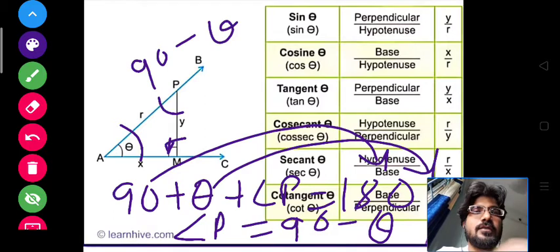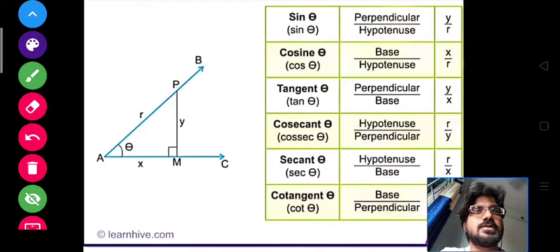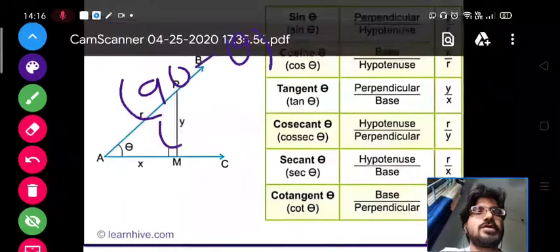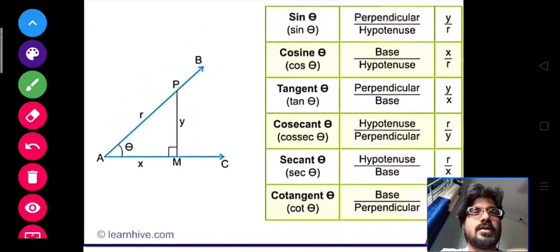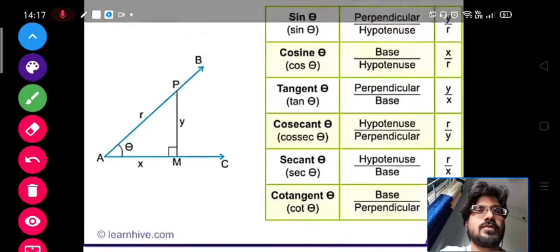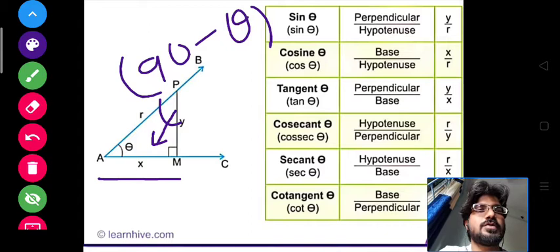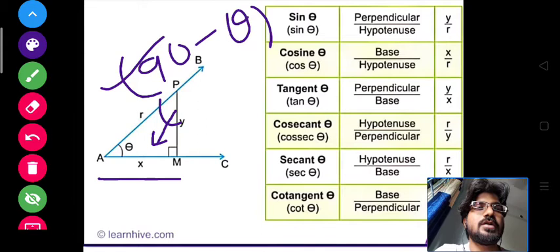Now you can apply values. You always take the opposite part as the perpendicular. The length opposite to 90 minus theta is the perpendicular for this, and the length opposite to theta is the perpendicular for this. Whichever value you take will be in terms of theta.